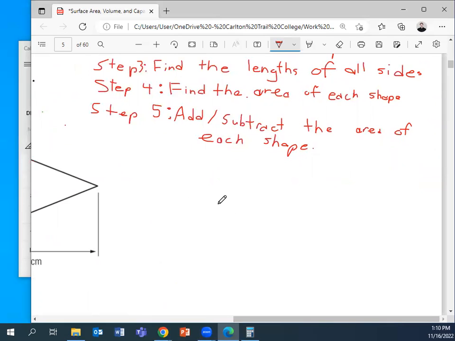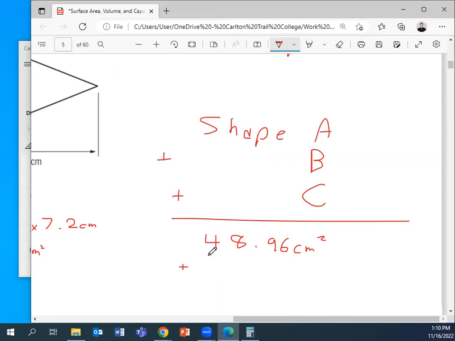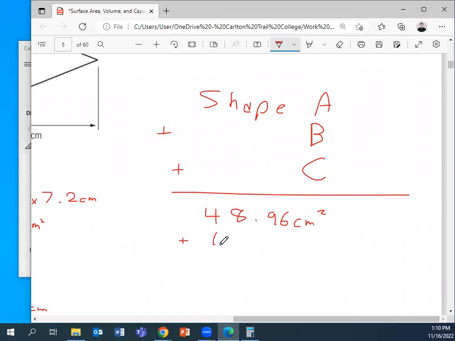I'm not going to write the numbers in just for the sake here, but you know, shape A plus shape B plus shape C. Screw it, I'll write all the numbers in for the first example: 48.96 centimeters squared plus 61.38 centimeters squared plus 62.37 centimeters squared.